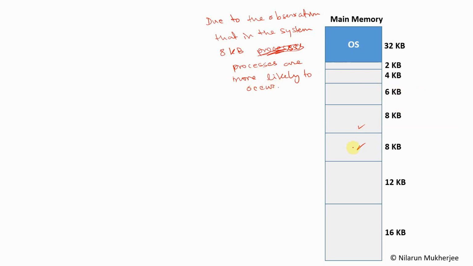So that's why we give more partitions to 8 kb to accommodate 8 kb processes.